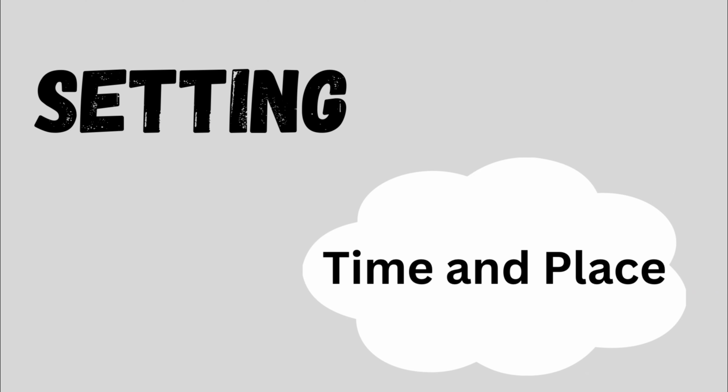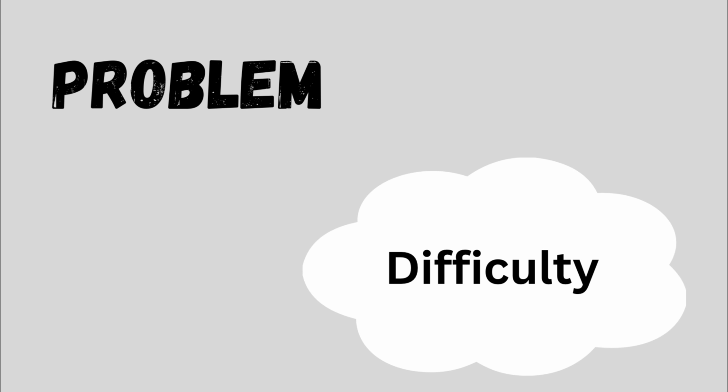The second element, which is a very important element of the story, is the setting of the story. Setting means time and place. The third important element which adds a lot of interest and thrill to your story is the problem. Problem makes a story very interesting. So if you don't have a problem in the story, your audience will never get connected to your story.